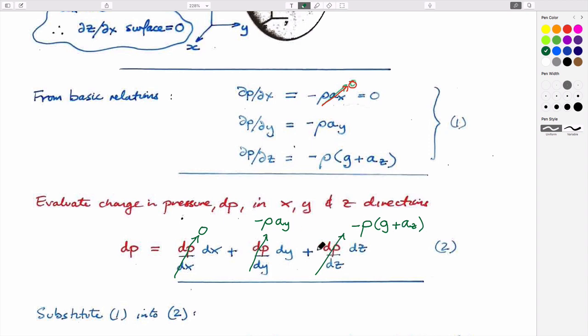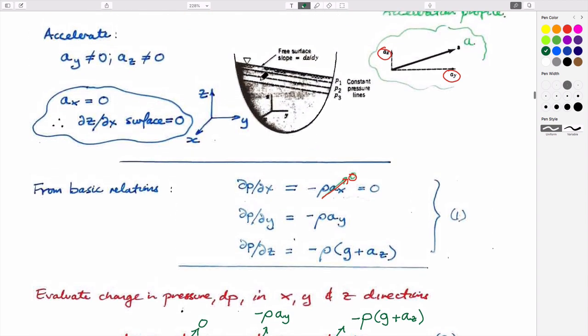And so this gives us a new relationship which tells us how pressure is going to change as a function of the accelerations that we apply to it. Now, if we look at the conditions that would actually exist on this free surface, by definition, the pressure on here is atmospheric. It's atmospheric here. It's atmospheric here.